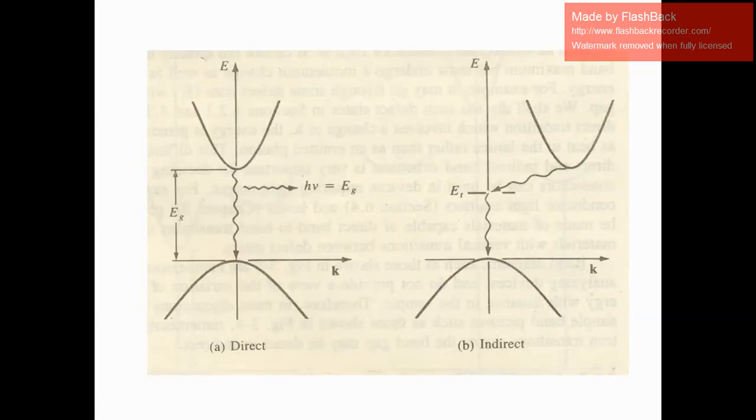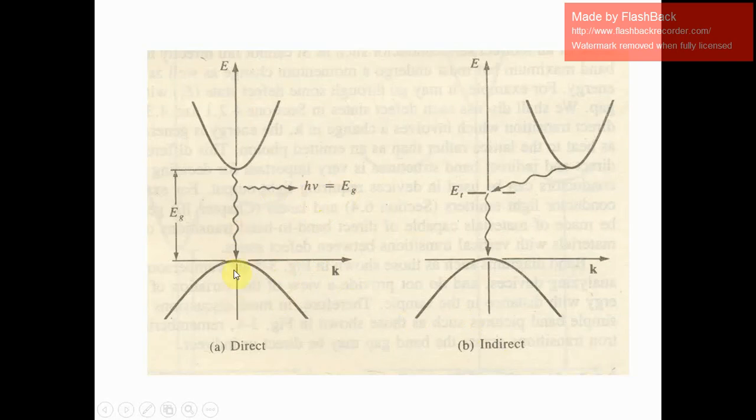In this slide I am going to tell you about direct band gap and indirect band gap semiconductors, which depend on k, the momentum, and the energy level, that is Eg equals h nu.